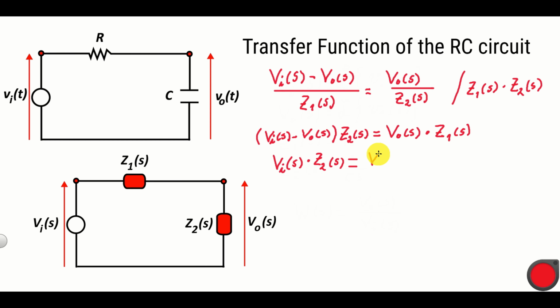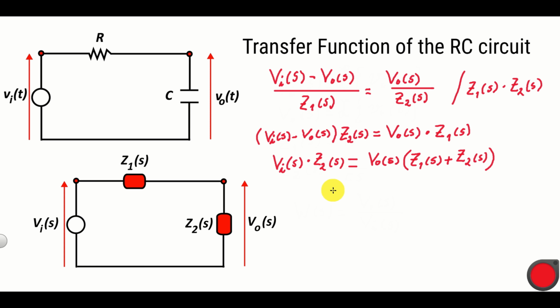We have Vo of s, and in the parentheses we will have Z1 of s plus Z2 of s.